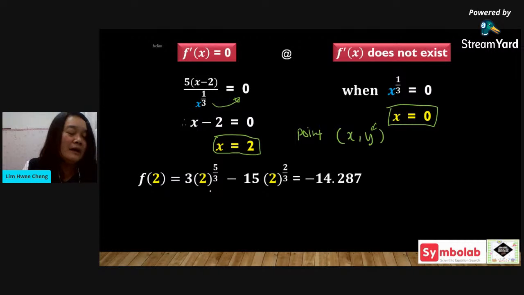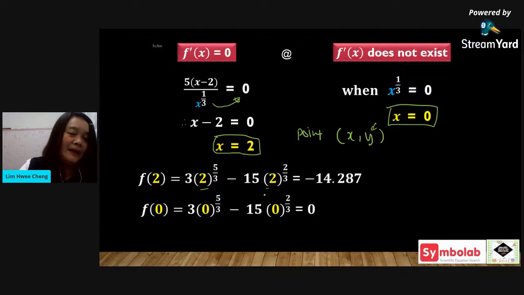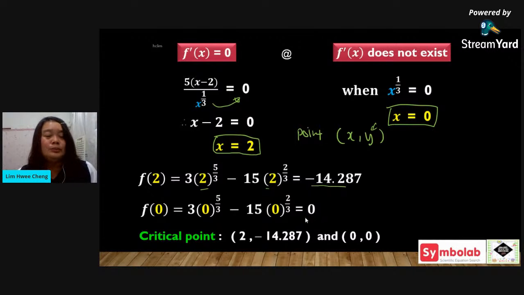Substitute x into the function f. One is negative 14.287, one is 0. Your critical points are (2, -14.287) and (0, 0).